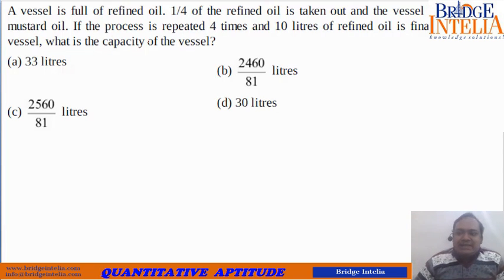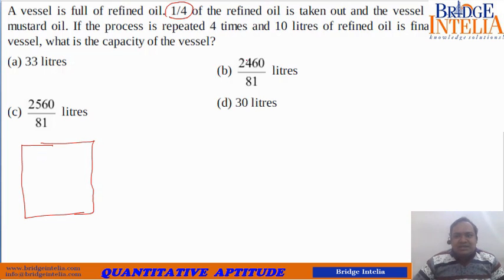So let's apply the concept of continuous replacement here. So what are you doing? You are replacing 1/4 of the refined oil. So this is the container. Initially it was all refined oil, RO. In each step you are taking out 1/4.